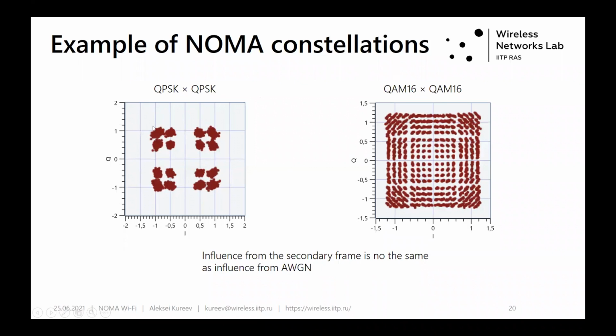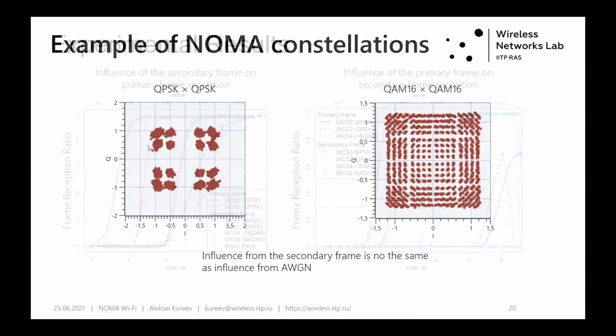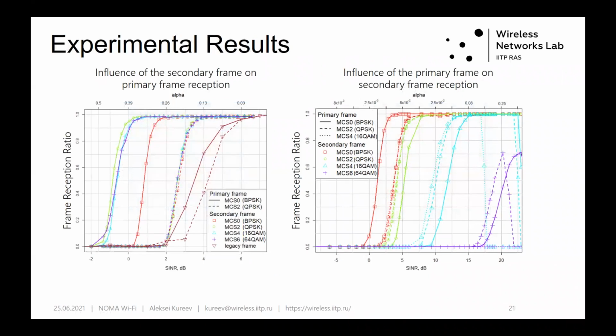So, in other words, these points might look like a big round point without any complex structure inside it. But in practice, you see that the influence does not look like additive white Gaussian noise. So this influence is much more complex.